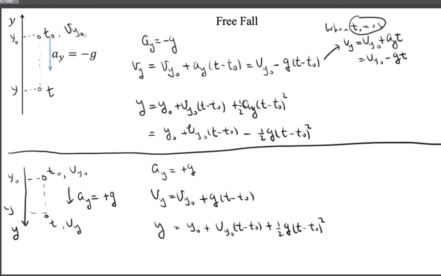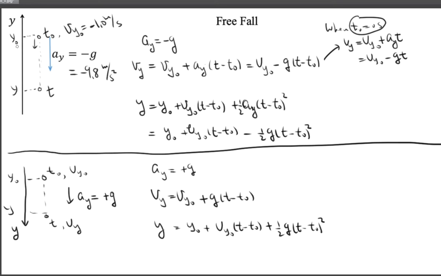Let's say Vy0 is a downward velocity. Because the y-axis is pointing upward, let's say it has a value of 1 meter per second, and because the direction is downward, we get a negative sign. Now ay becomes negative 9.8 meters per second squared.